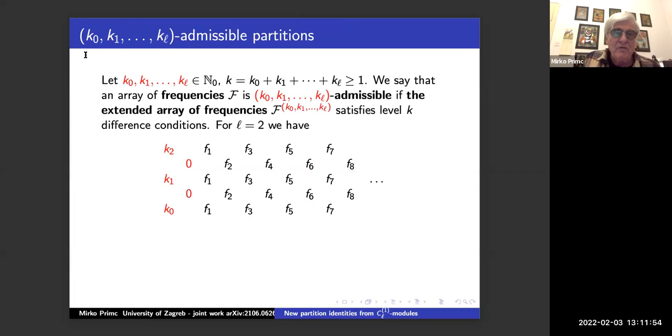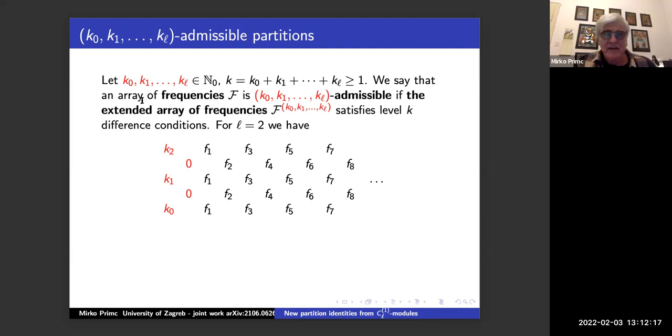So now for parameters K0, K1 to KL, we should parameterize really the highest integral dominant highest weights of standard modules. So K0, K1 to KL are non-negative integers, so that the sum is positive.